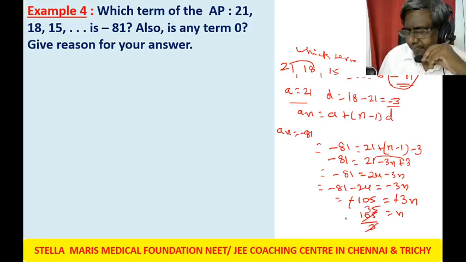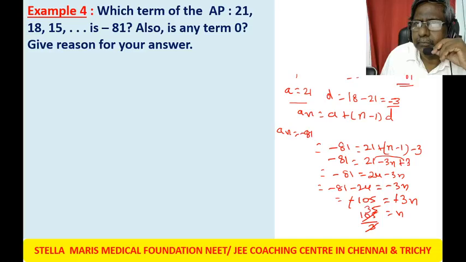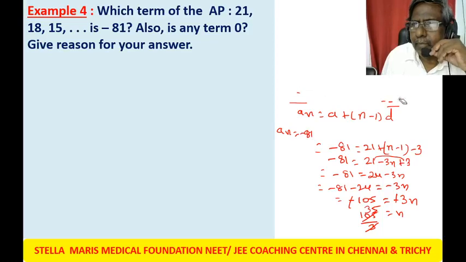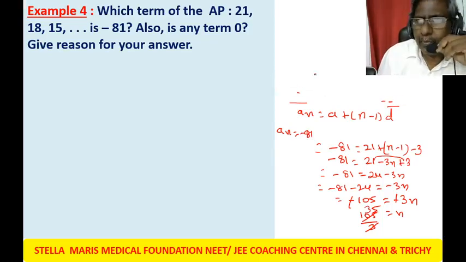35. Yes, Babu, you are right. So n is equal to 35. So what does it mean?